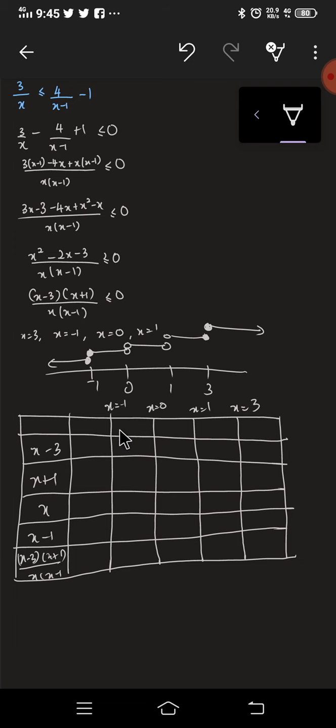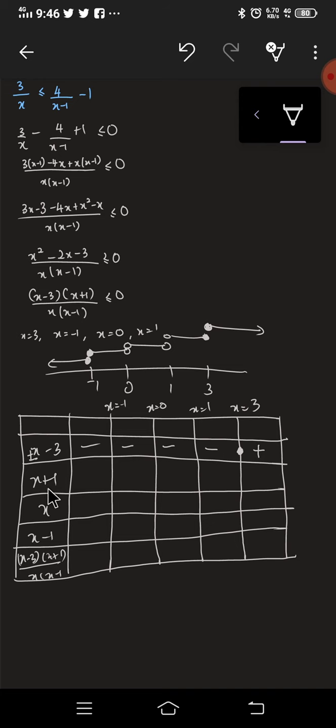How do we define this? For x minus 3, the critical point is x equal to 3, so this is a dense dot. We fill up the circle, and then to choose the right side, positive or negative, just look at the x. This is a positive coefficient, so the right side is positive and the left side is negative.